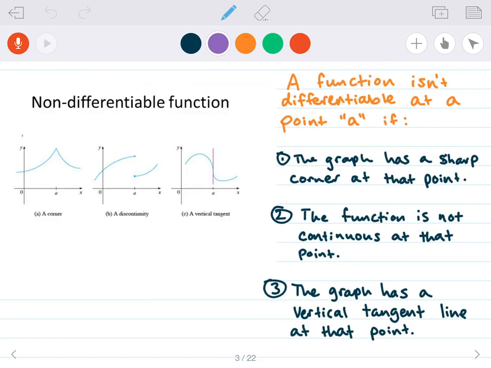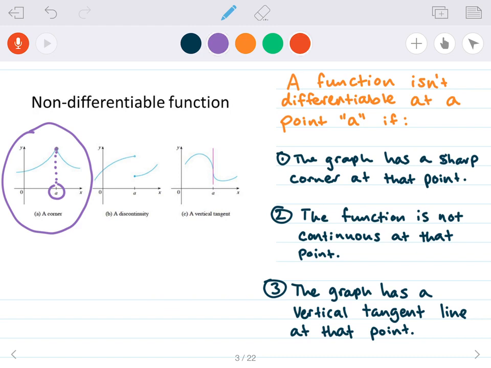So there's three different cases, as I said. The first case is that there is a corner at your x where you're trying to differentiate. So for example, if we look at this guy right here, now this is x equals a, all right? So at the value x equals a, the derivative doesn't exist because there's a corner here.